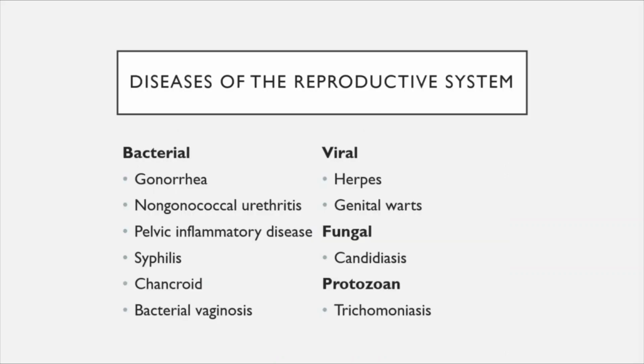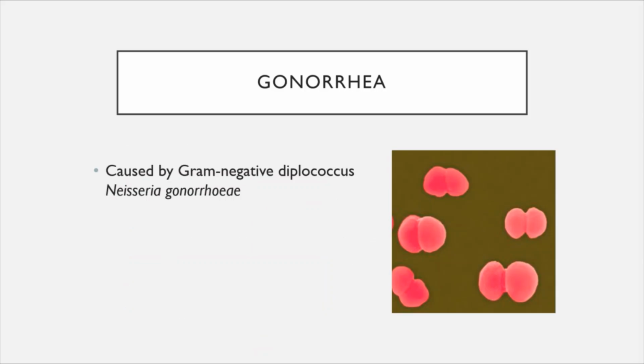This brings us now to diseases of the reproductive systems. Here we have a wider variety of categories of microbes that are usually at play. So we have some bacterial diseases as well as viral, fungal, and protozoan diseases. We're going to start with the bacterial diseases, the first of which is gonorrhea.